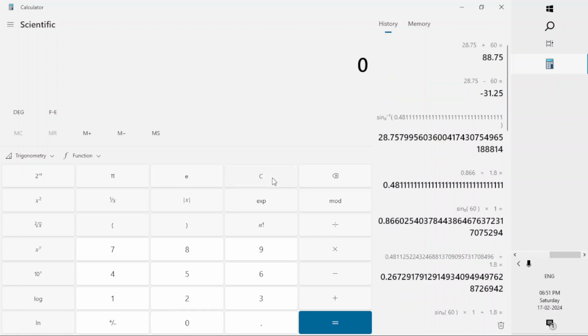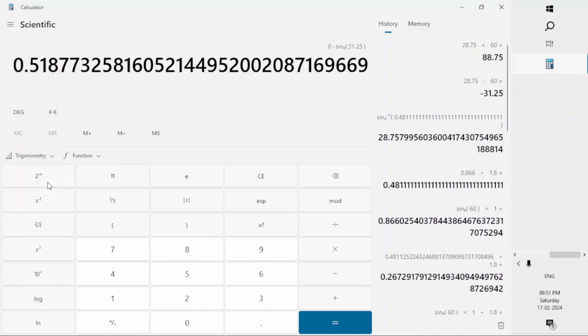So minus 31.25, that sine value, square it up.